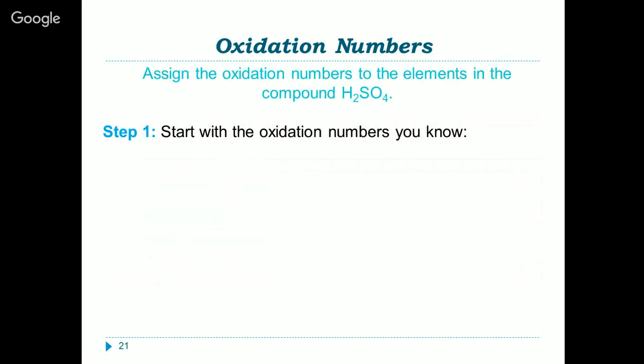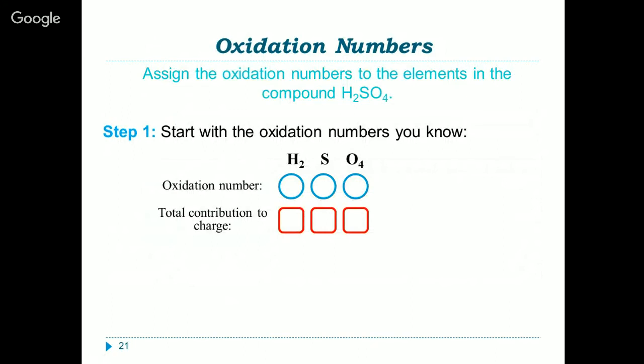So we're going to start with the numbers that we know. Hydrogen is going to be a +1 because it's with other nonmetals. Oxygen is going to be a -2. So I assign those. I see, since I have 2 hydrogens at a +1, 2 times 1 is 2. Oxygen's at a -2, 4 times -2 is a -8.